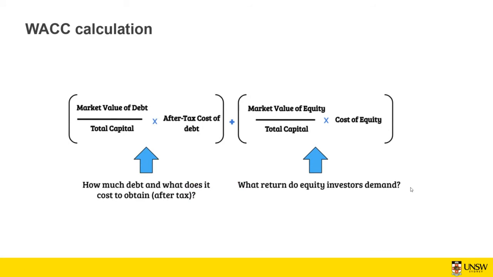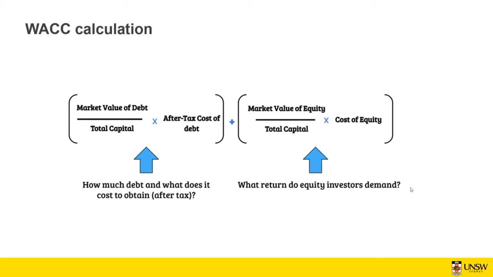So let me break it down for you. Let's say that you want to spend $1 million. So your total capital is $1 million. And you want to raise 50% of that using a bank loan, and another 50% for capital raising using equity.